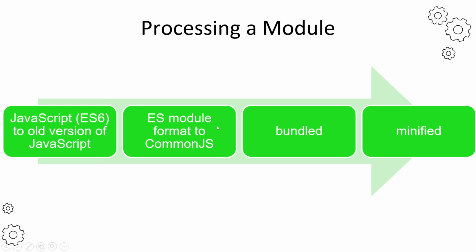And then next, we would like to translate ES module to CommonJS, because CommonJS is still the most popular module system, and it's used in many situations, so it might be preferable for your developing environment.